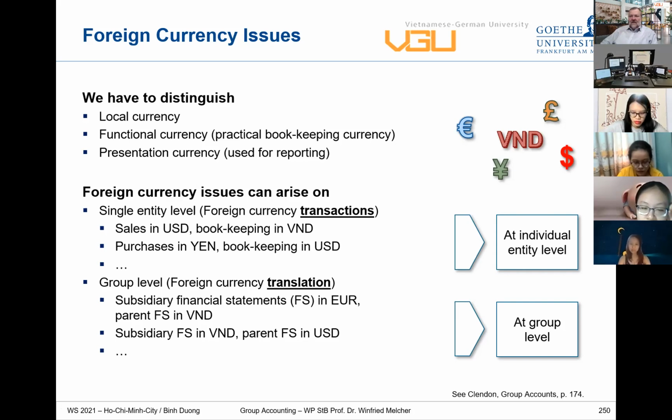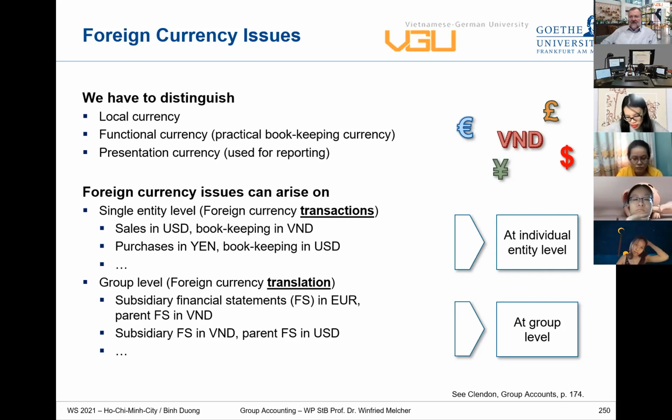And well, in the US, I think they don't like the dong, so they will pay in US dollars, and also the market price will be set in US dollars. So the companies in the US will not like to pay in dong unless, well, the Vietnamese company is a price setter.